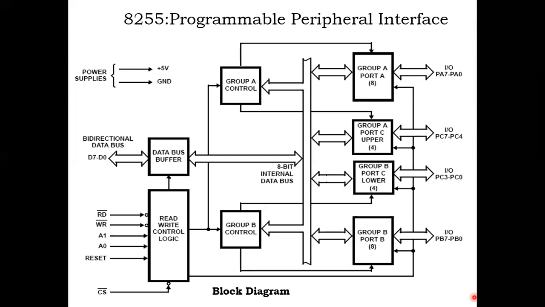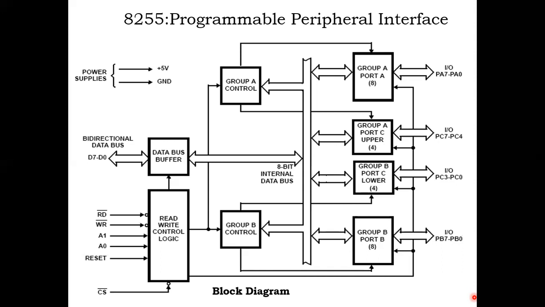Group A has port A and upper C, that is the upper half of port C. Group B has port B and lower C. So they are divided into 2 groups. In total, 3 times 8, that is 24 devices, we can connect with the 8255.